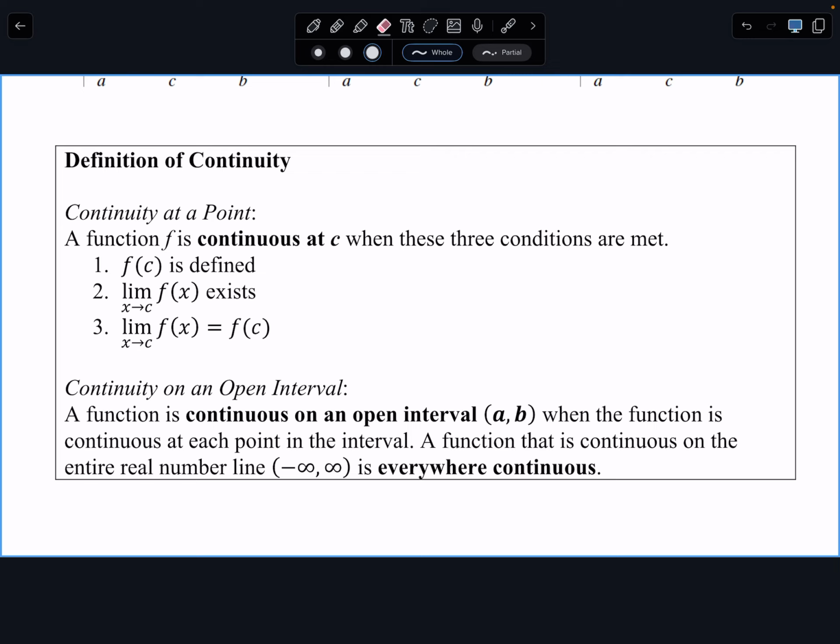And then for continuity on an interval, a function is continuous on an open interval when the function is continuous at each point in the interval. If you have an open interval, there are infinitely many points on it. You're not going through this checklist for all the infinitely many points.